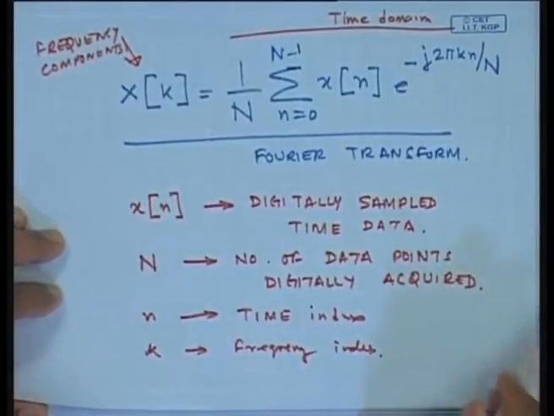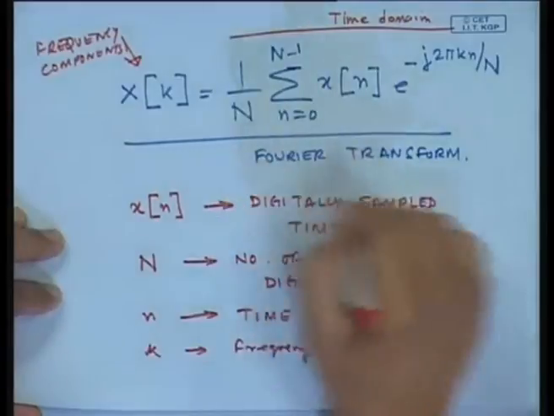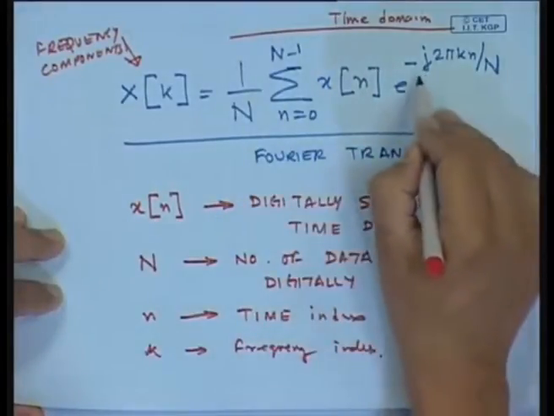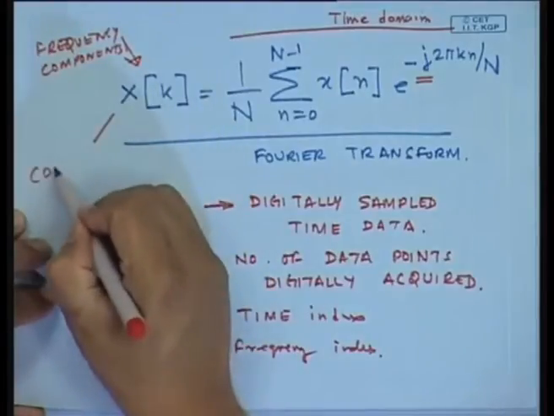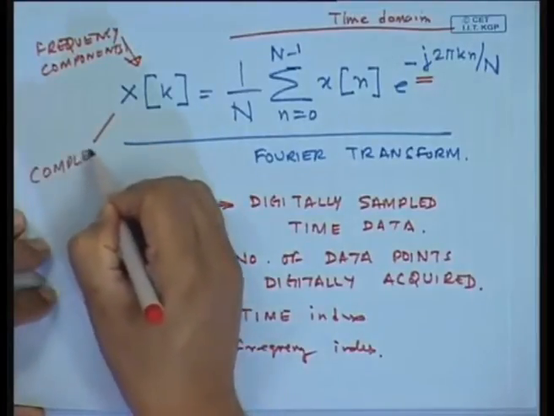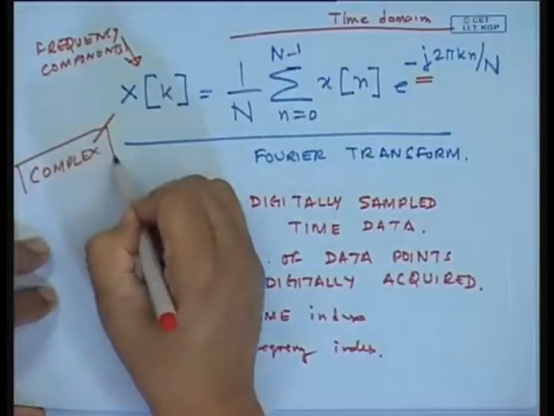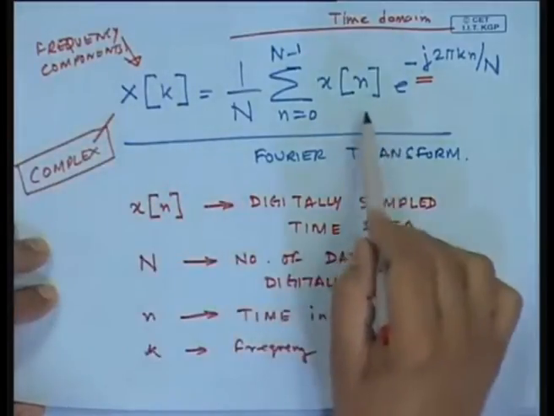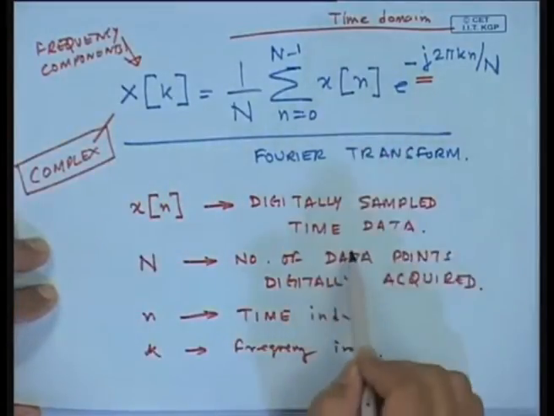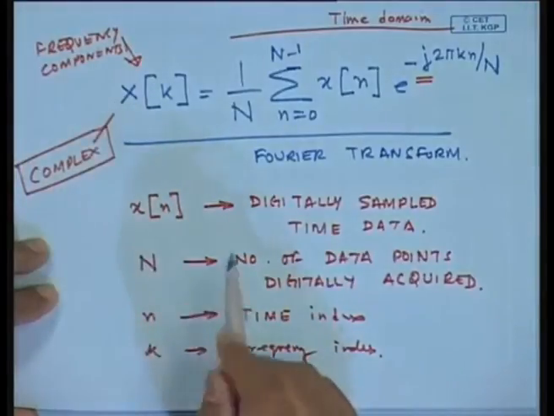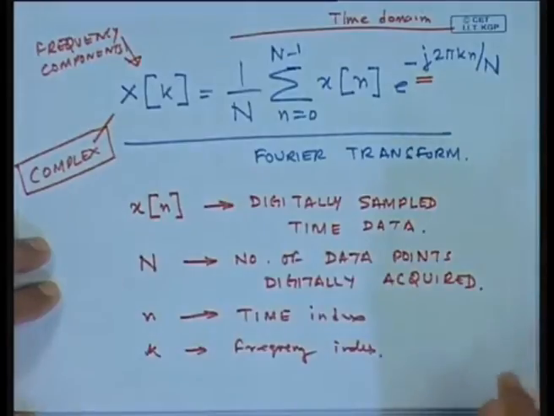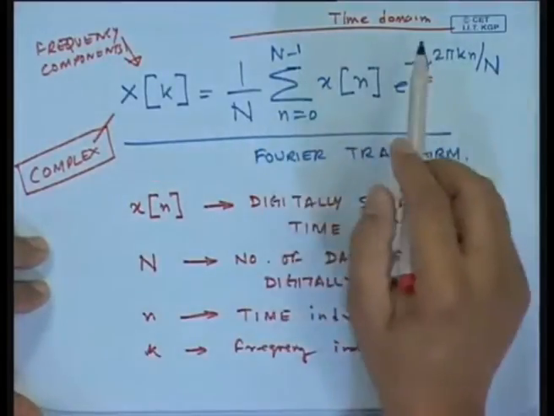So, if you want to do these operations, these are complex numbers and complex in nature. So, a real world time domain data will have complex Fourier or frequency domain components. Okay. And this computation is complex.